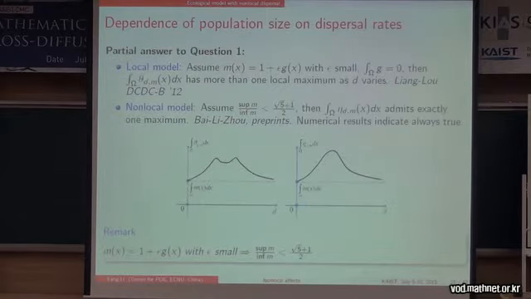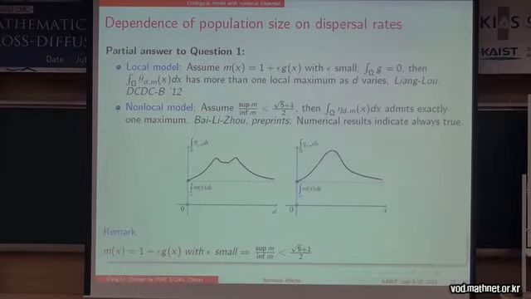Here are some partial answers. For the local models, it's possible. When the carrying capacity is a perturbation of some constant, it's possible for the total population to have more than one local maximum as d varies. That's for local models.